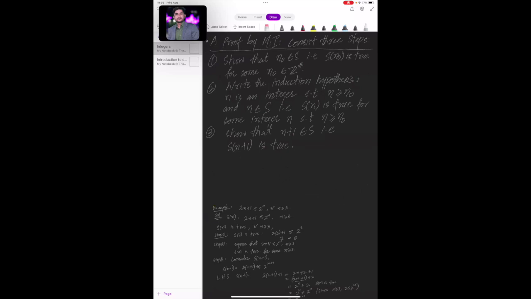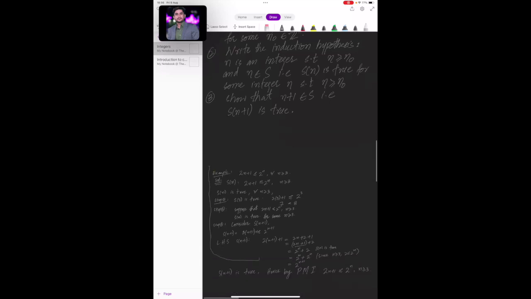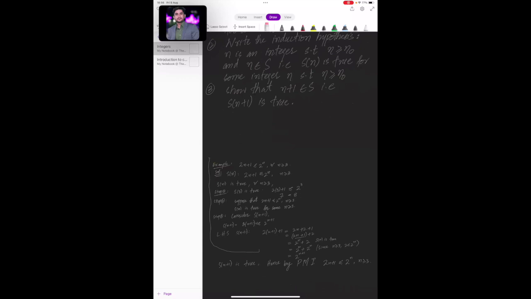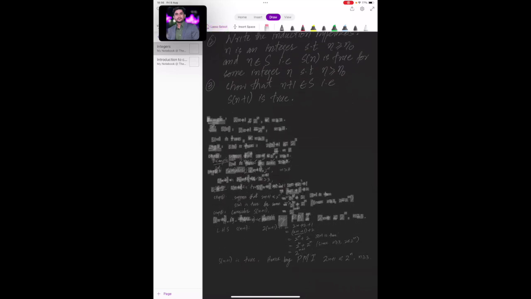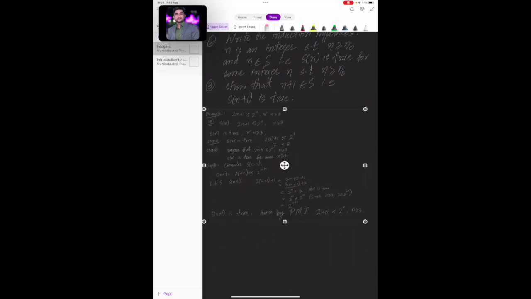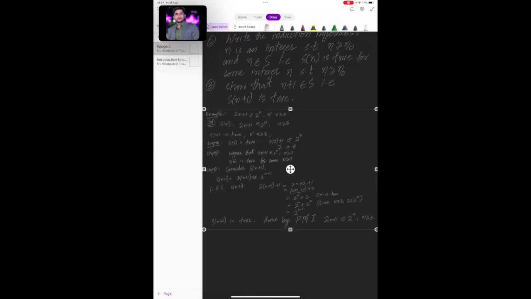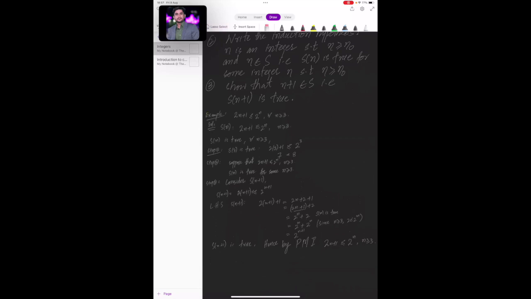Then we have this example. And this example says that we need to prove 2n plus 1 is less than or equal to 2 power n for all n greater than or equal to 3.